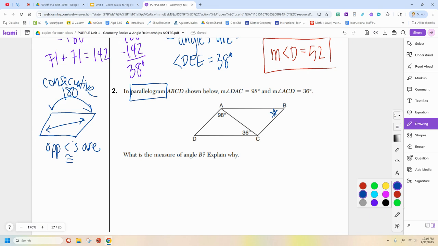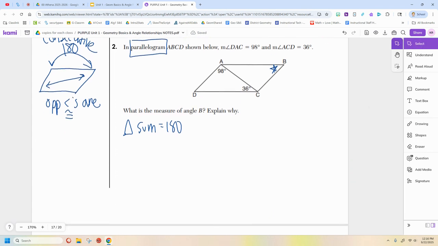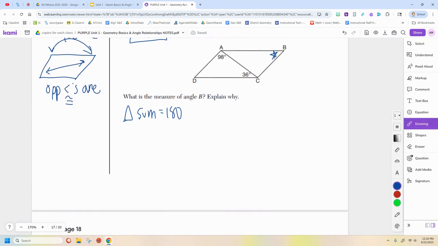So angle D. So triangle sum equals 180. I'm going to write that down. And then I'm just going to do the work underneath. 98.